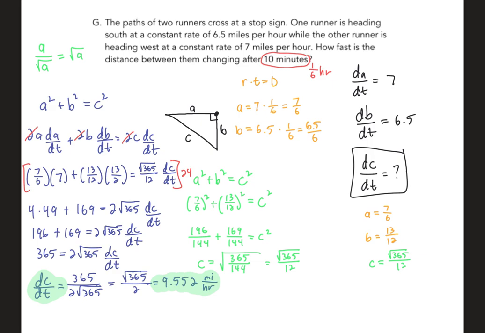Okay, so that was a long one. A lot of work for that one, same general steps, but just little differences. A new thing that we learned was that sometimes you have to use rate times time equals distance. They gave you the time and their rates, so we had to multiply them to get these distances.